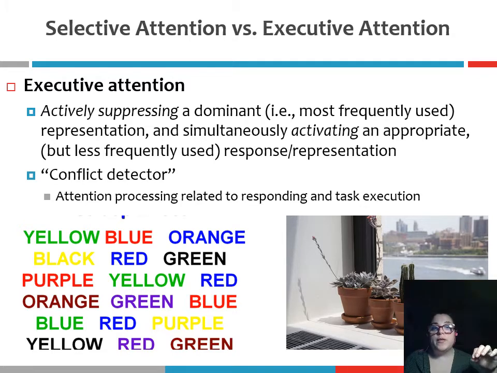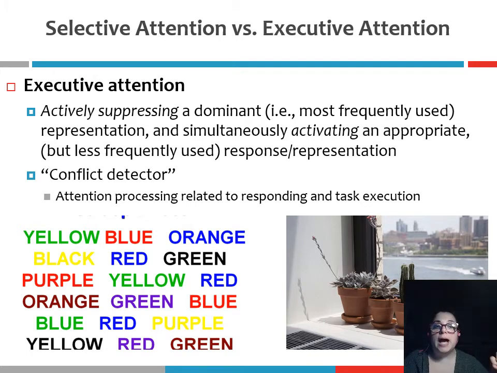Okay, so the two examples I gave were the Stroop effect and the cactus example, right? So with the Stroop effect, and with that paradigm with the color words, your dominant or most frequent response when you see a word, right, is to read that word. Everybody except a preschooler knows that when they see a word written out, they should read that word, right?